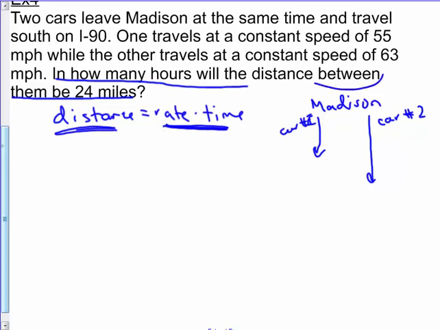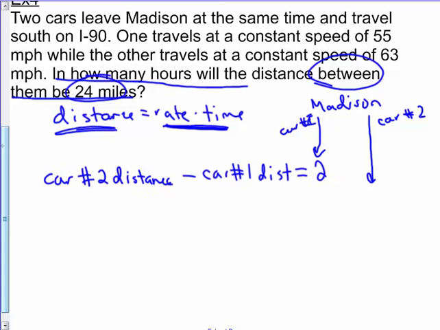So I think about it like this. The distance car number 2 traveled minus the distance car number 1 traveled. I want that to be 24 miles. So the difference between those distances to be 24. Now, I don't know the distance for car number 2, but I can use the equation to figure it out. Whenever I have distance, I can do rate times time.